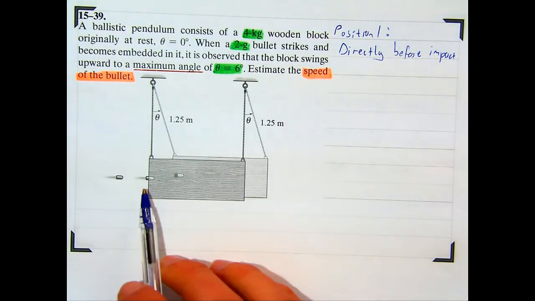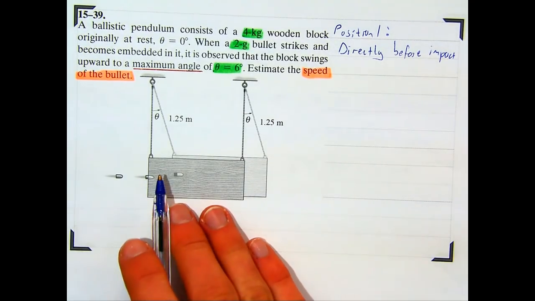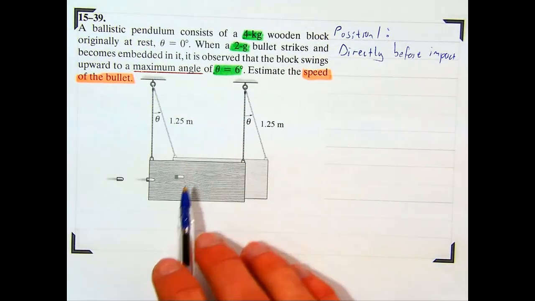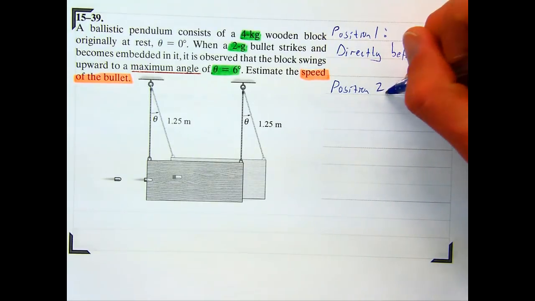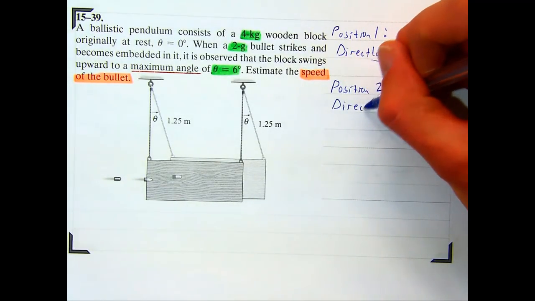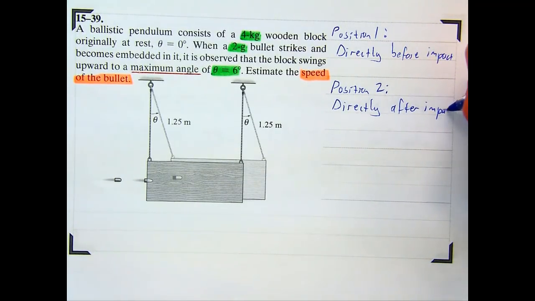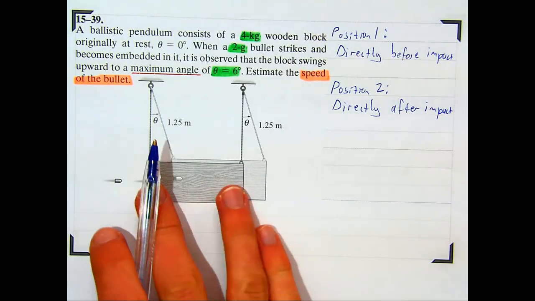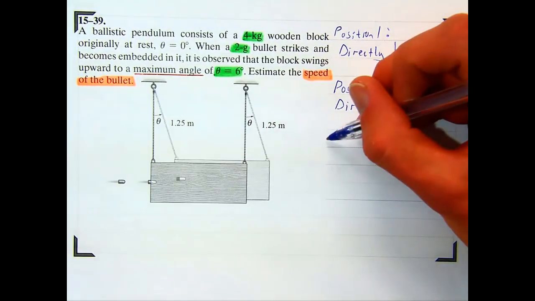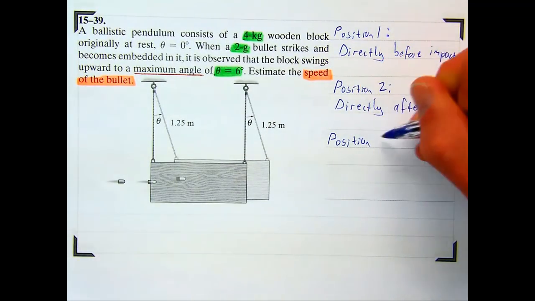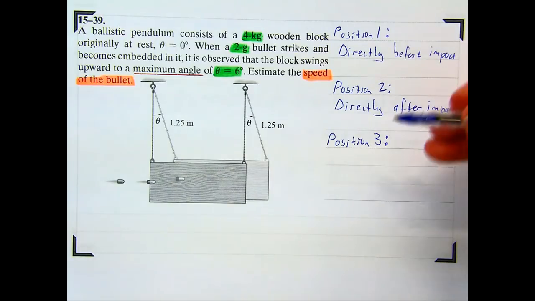Position 2 would be directly after the bullet became embedded in the pendulum, but the pendulum is still directly below its hinges, so the angle would still be 0. And then position 3 is when the pendulum, together with the bullet, swings to its highest position, when the angle is 6 degrees.